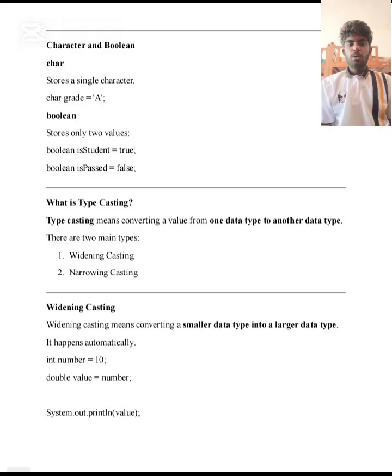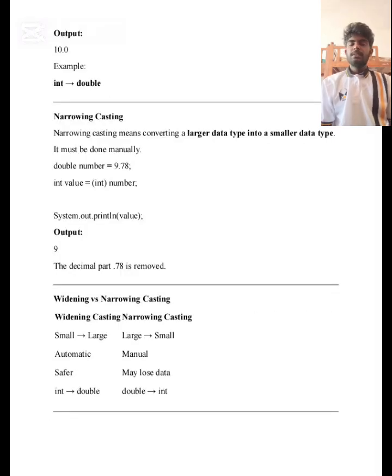Java automatically converts the integer value into a double value. The output is 10.0. So in simple terms, int to double. This is an example of widening casting.